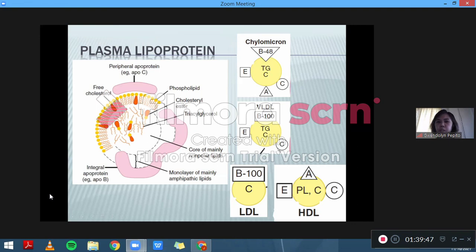Can anyone describe the differences between the lipoproteins: the chylomicron, the VLDL, the LDL, and HDL? Okay, Harvey. Hi, Doc.